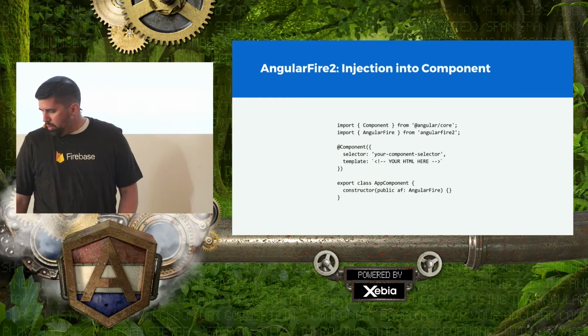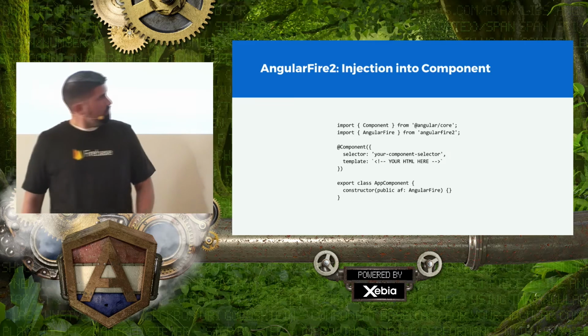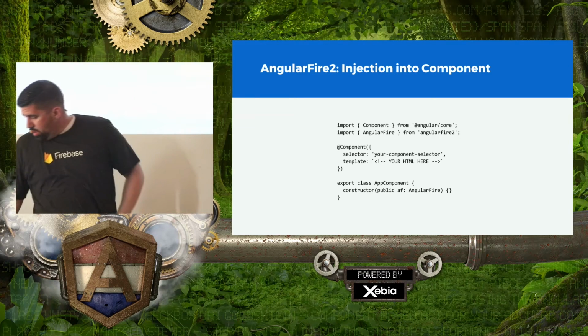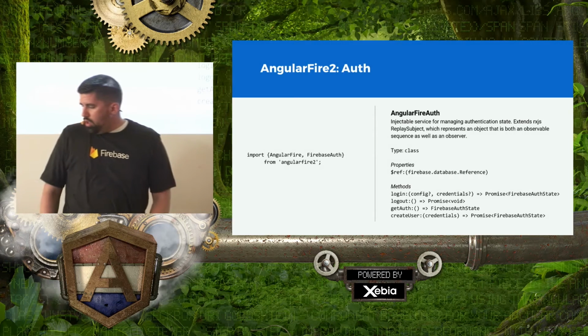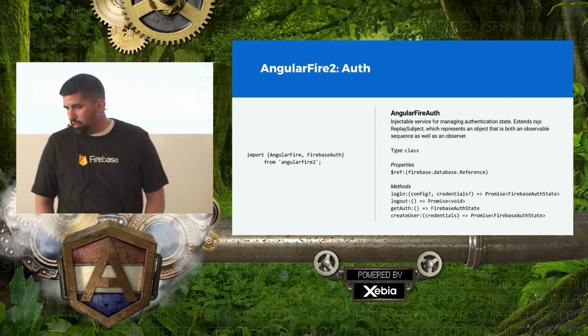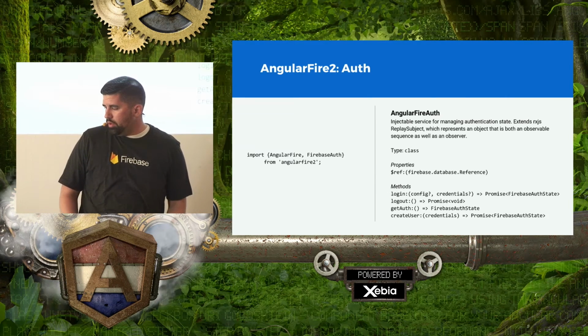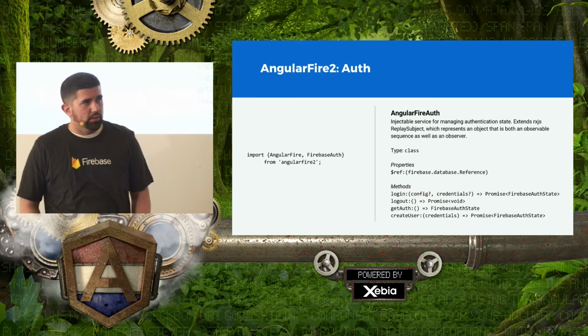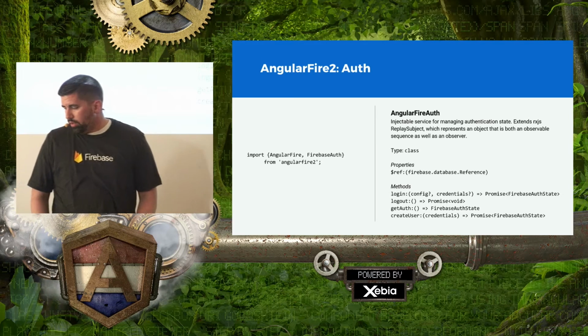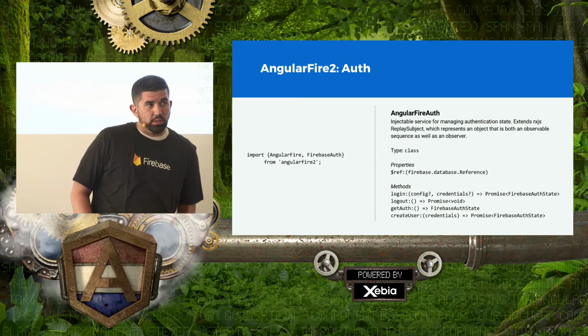And then within your component, inject it right here. Quite simple. And then you're off. Setting that up, you have login, log out, get the authorization, which will give you the provider response as well. And you can create the user, like I said, if you go with the email and password route.